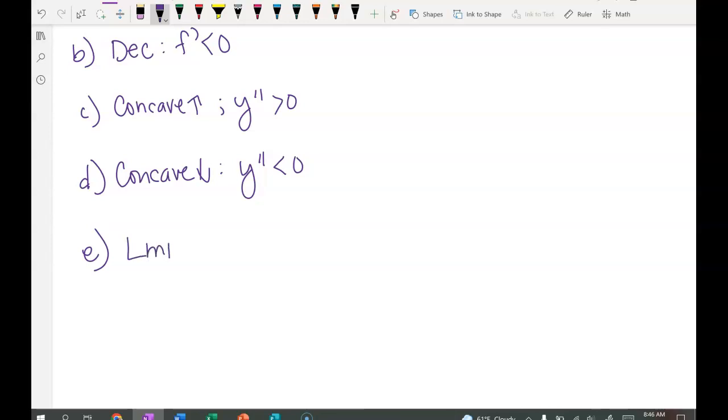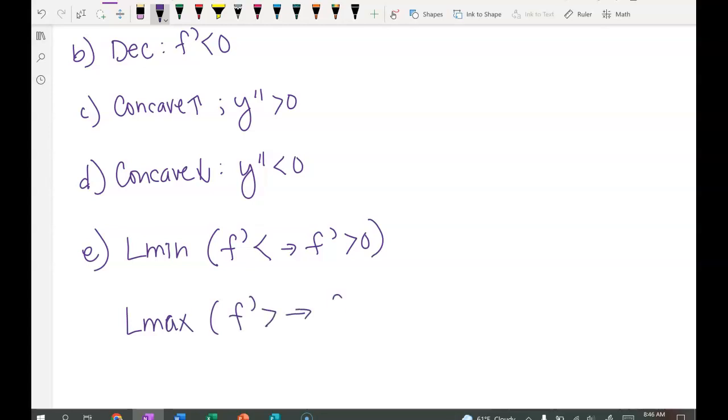We want to find the local min. Now remember, the local min is when the first derivative goes from negative to positive, okay? And then we want to find the local max, which is when the first derivative goes from positive to negative.